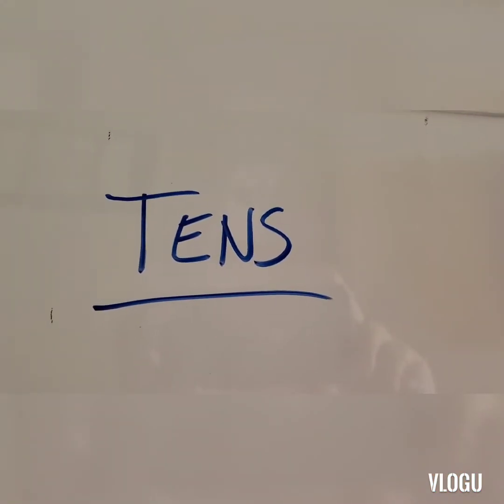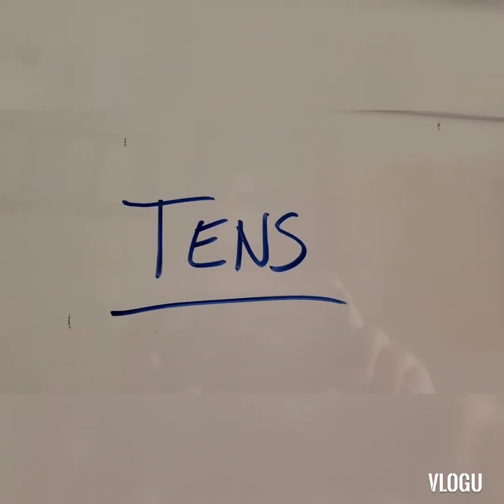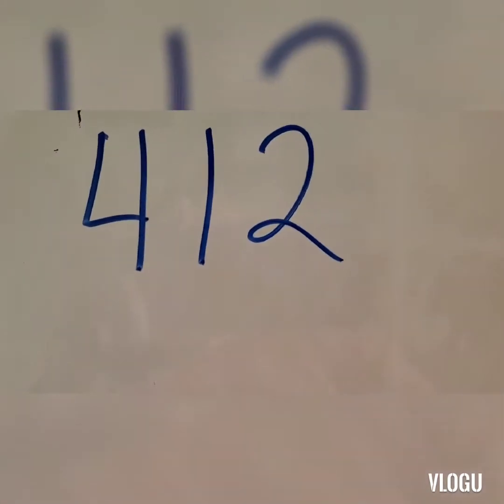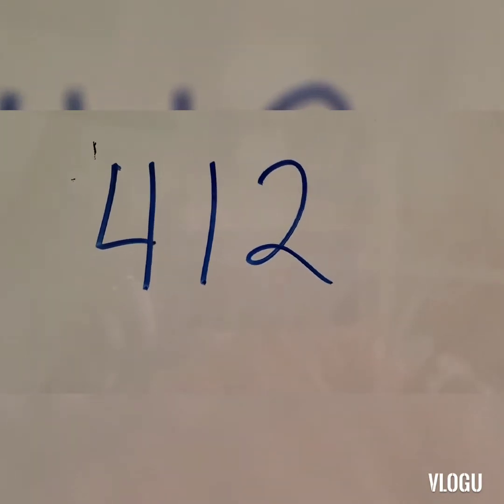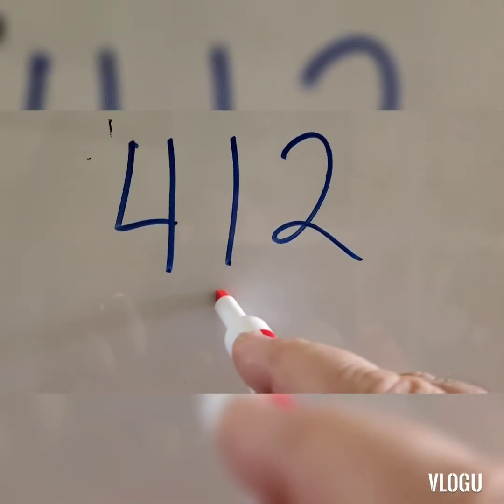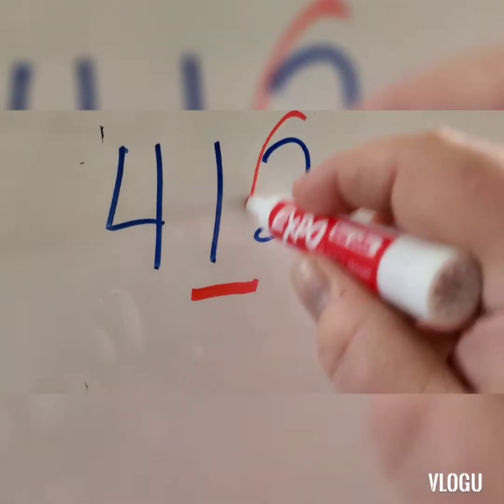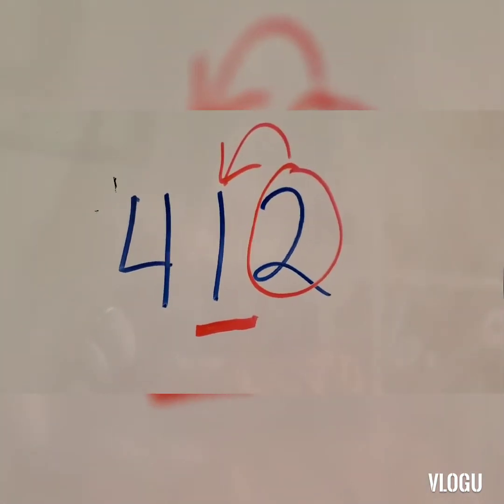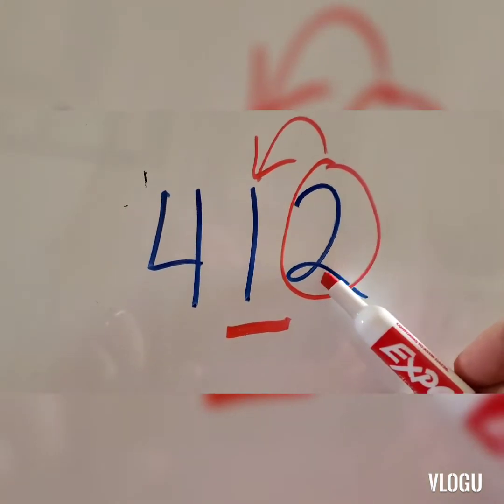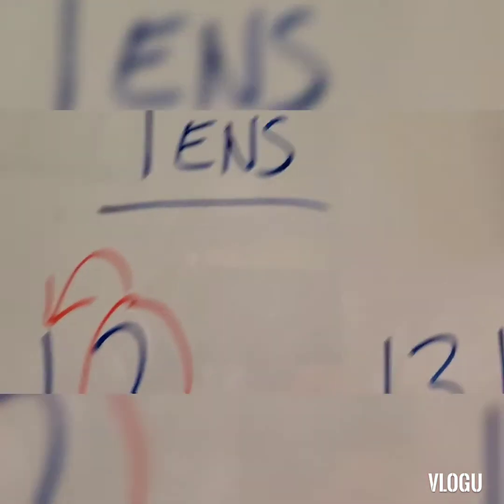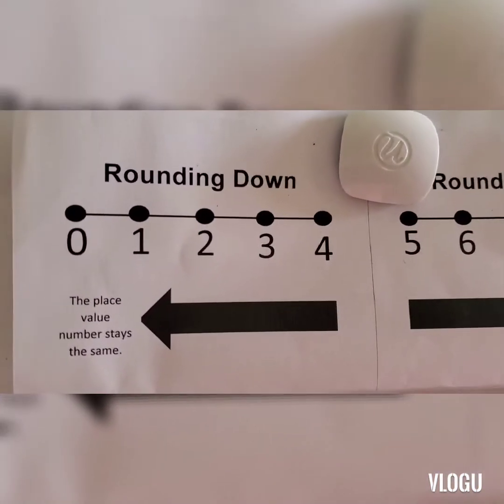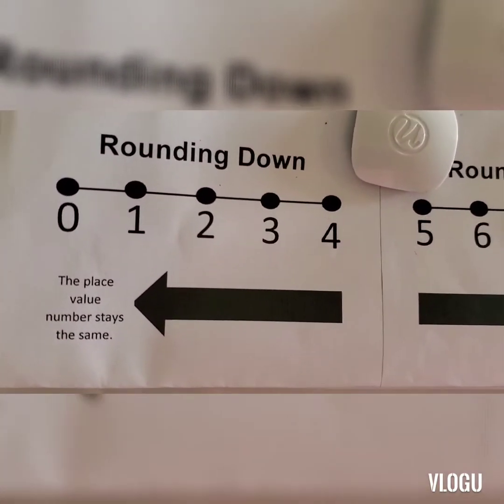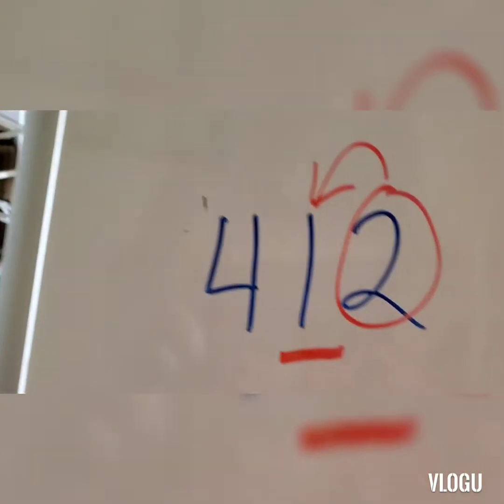The first problems, we were rounding to the nearest tens. Problem number 1, 412. The 1 is in the tens place. The 2 has all the power to tell the 1 what to do. So when I take a look at the 2 and consult the chart, I find that 2 is on the round down side, and it's telling the 1 to stay the same.